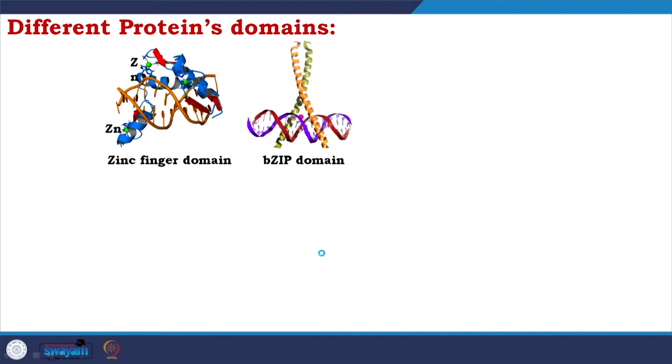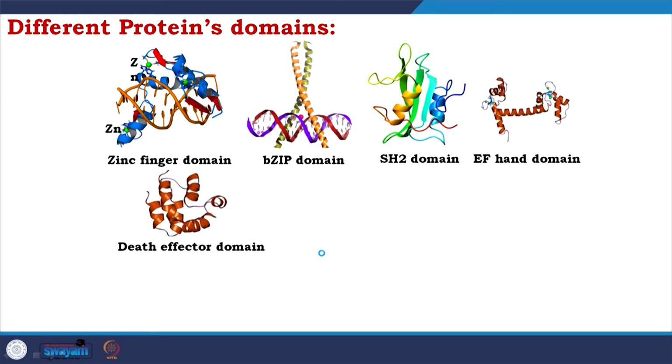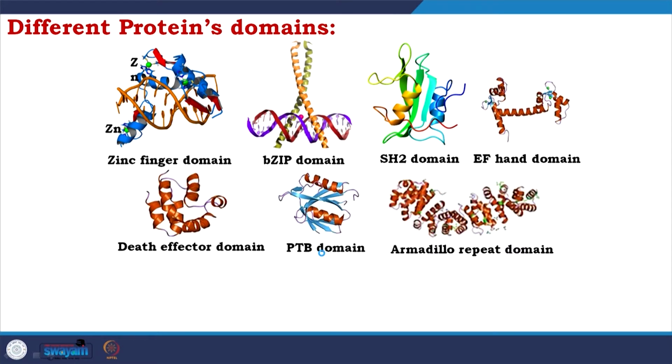I am generally talking about DNA binding domains because they are mostly transcription factors, they work with signal transfer, they are very critical and mostly well understood. SH2 domain is not DNA binding. EF hand domain, death effector domain, PTB domain, armadillo repeat domain and PH domain are some commonly known domains.